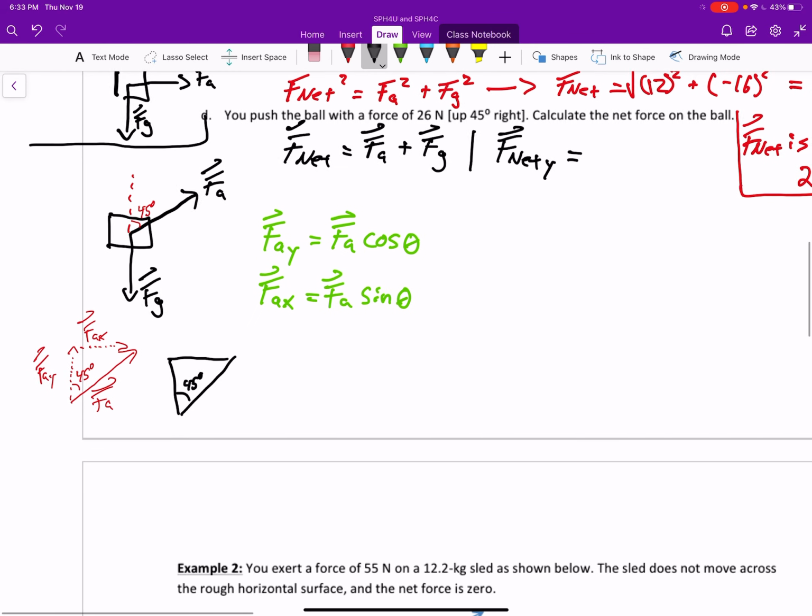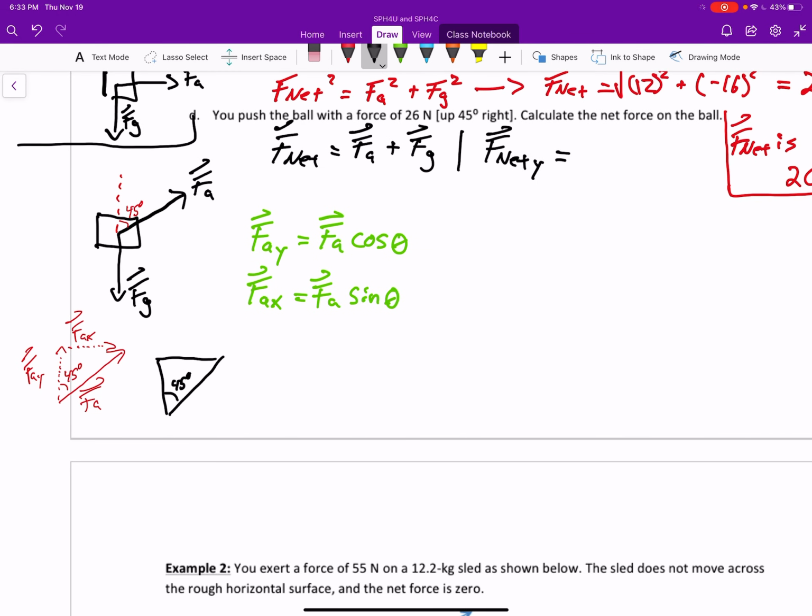So taking a look at our diagram now, drawing my components on without making it too messy, and maybe I'll use red. The y component goes up like that, and then our x component goes over there. You can see that in the y direction there's gravity, and then there's the y applied force, and then in the x direction there's only the applied force.